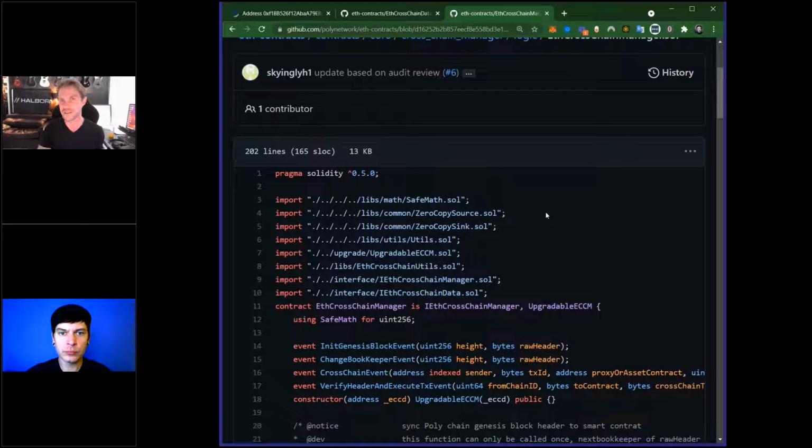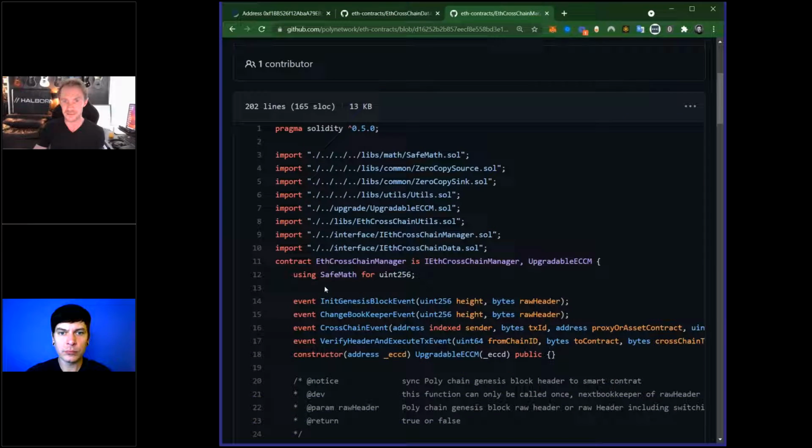This is the other high privilege contract, and what this one does is it triggers messages from one chain to another in Poly Network. So let's say you're on the Ethereum chain and there's another chain and you want to trigger something. Well, the ETH CrossChain Manager will do this on the Ethereum network, and anybody can. It's a public function, public contract. Anybody can call this and create this cross-chain event, because that's what facilitates people to do it.